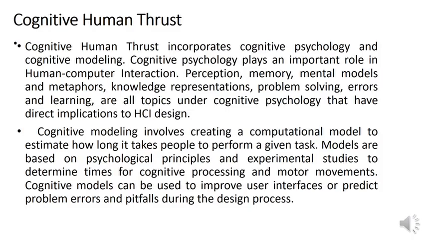So when we say cognitive human trust, what do we mean, or what are we trying to say? Cognitive human trust incorporates cognitive psychology and cognitive modeling. Cognitive psychology plays an important role in human-computer interaction.